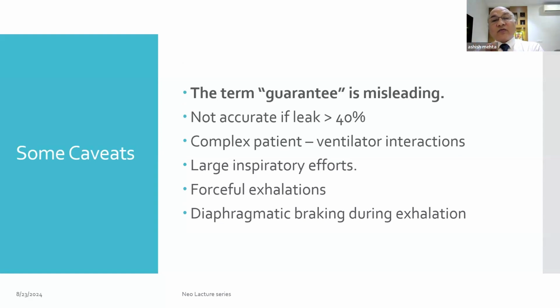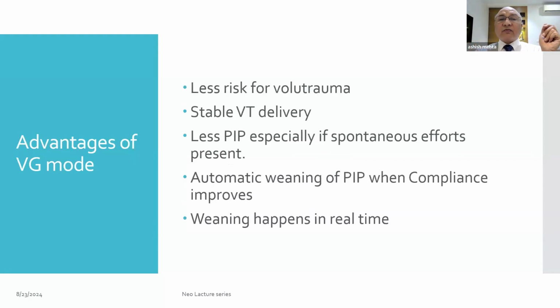If the leak is more than 40%, it is not going to work. In a complex patient, with collapse or consolidation kind of situations, or when the baby is in a chronic condition like BPD, this may not be very helpful for the baby's disease process.